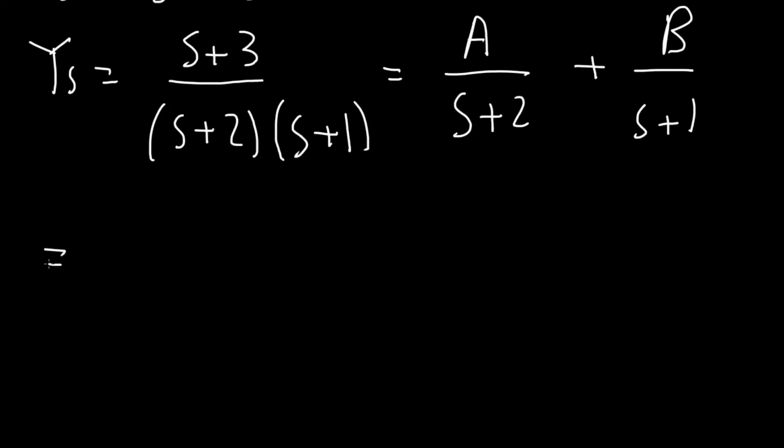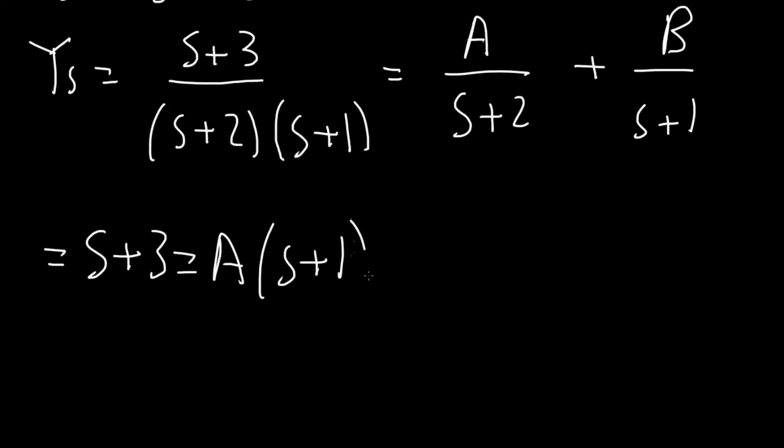And so what we're going to get here is s plus 3 is equal to A times (s plus 1) plus B times (s plus 2).